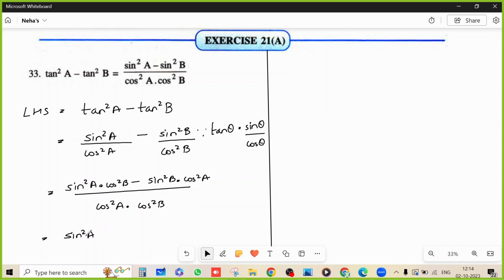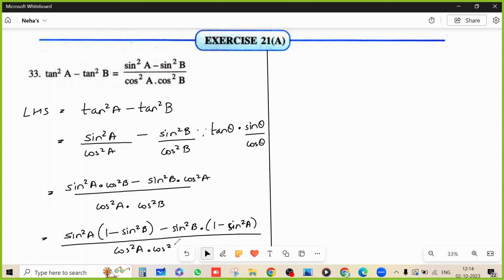So we can write it as sin square A into (1 minus sin square B), and cos square A can be written as 1 minus sin square A. This is divided by cos square A into cos square B. This is because of the trigonometric identity, which is sin square theta plus cos square theta is equal to 1. Now we will multiply and open the brackets.